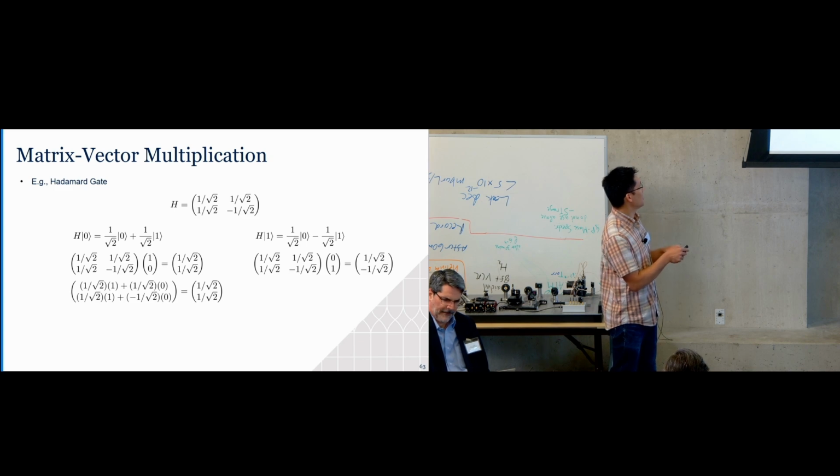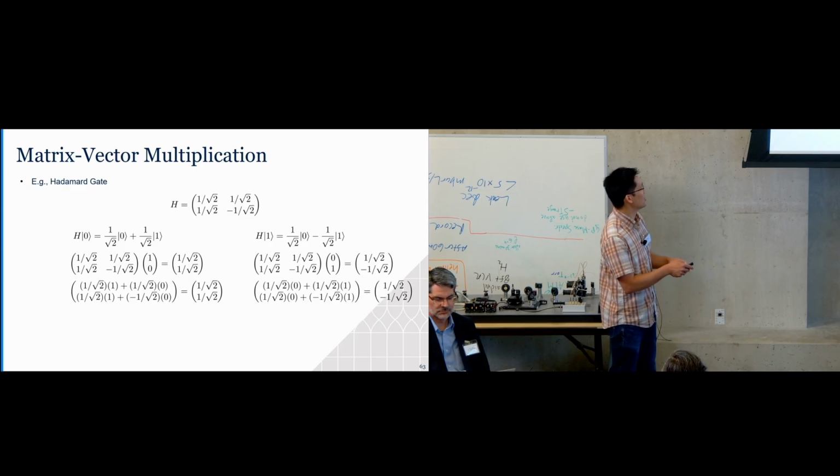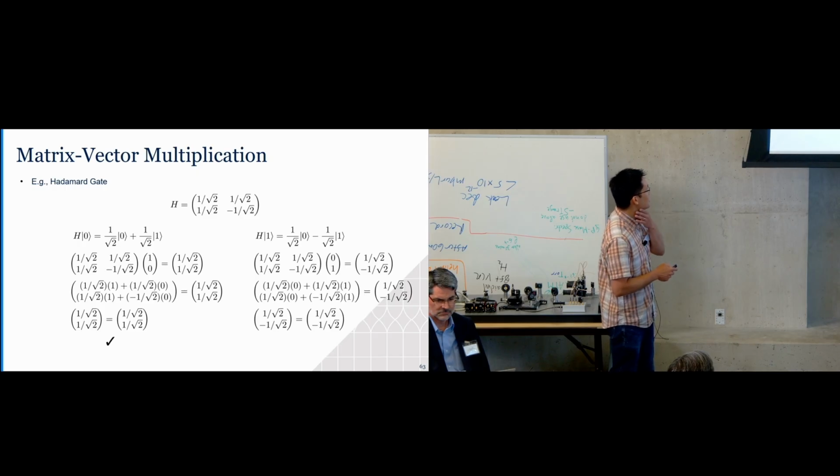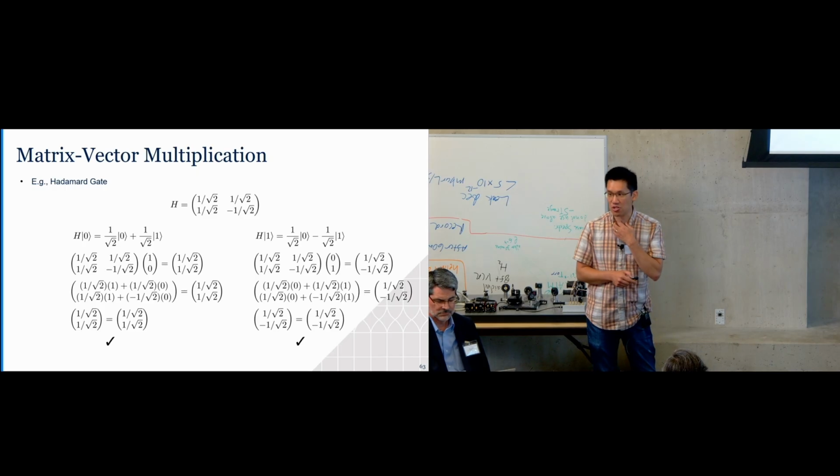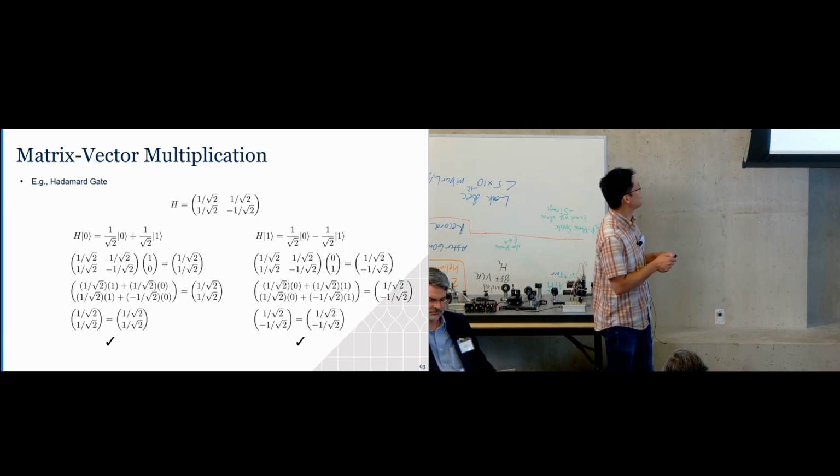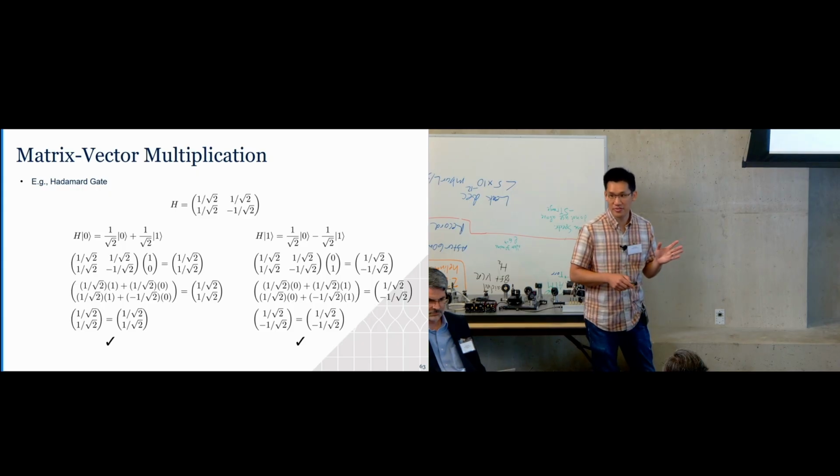So I've written that out here. And you can see now, if I simplify this, we get precisely 1 over root 2 and 1 over root 2, which matches. And over here, we get 1 over root 2 and minus 1 over root 2, which matches there. And so we can see that the correct way to multiply a matrix and a vector is to do it component by component for each row.